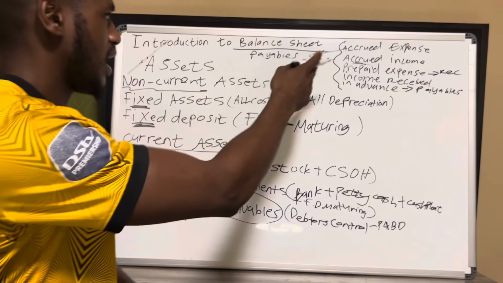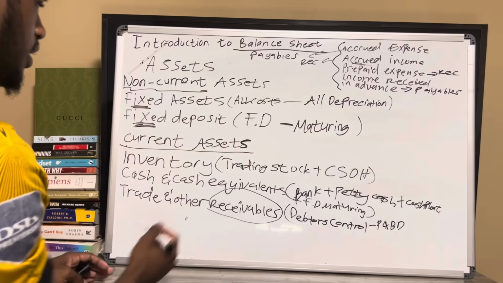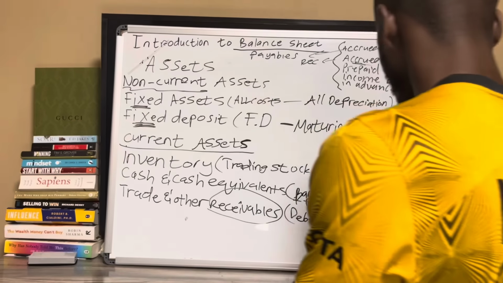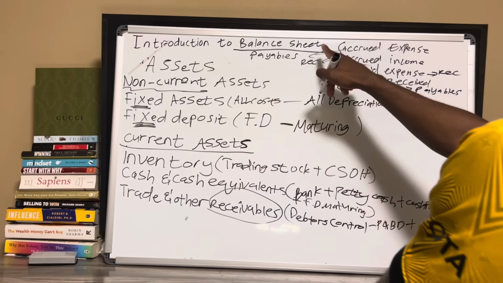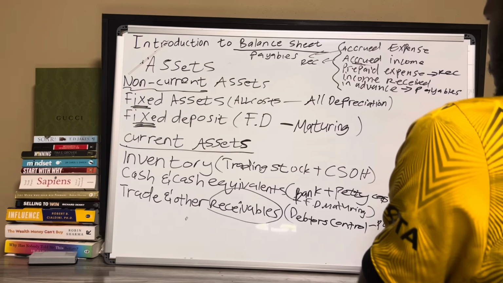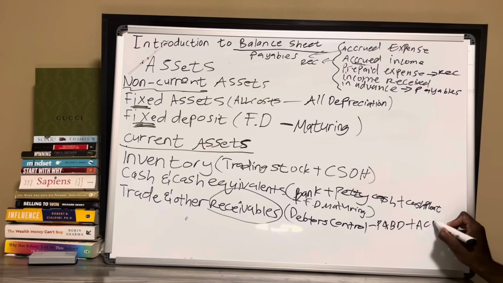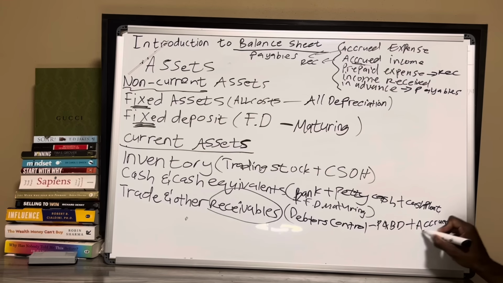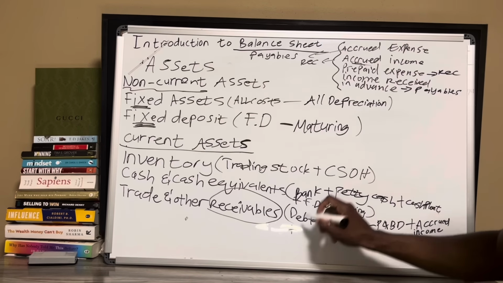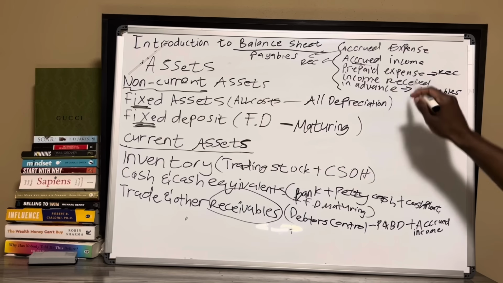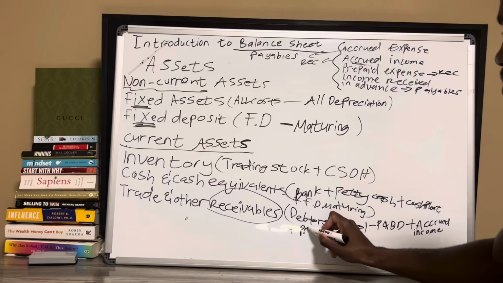So as we have now finished this, we can now start entering. So here we are going to be entering, we said, accrued income. Are going to be entering accrued income. And we are going to be entering what else? Prepaid expense.